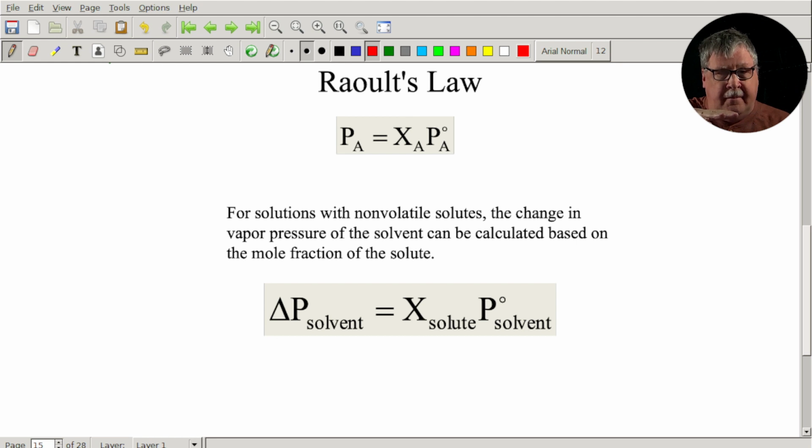If I have a sample of pure water, based on what we've talked about in the previous chapter, that pure water is going to have a vapor pressure. We can figure out what that vapor pressure is based on the temperature of the pure water and knowing what the heat of vaporization is. We could figure it out using the Clausius-Clapeyron equation or just looking it up.